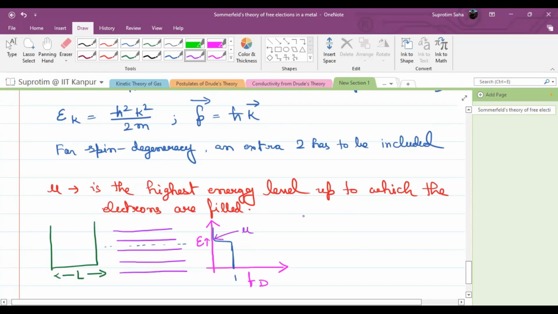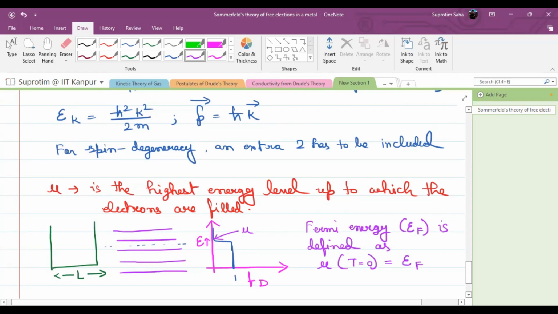And as the terminology goes, the chemical potential at T equals 0 is defined as the Fermi energy. So Fermi energy, epsilon F, is defined as mu at T equals 0.